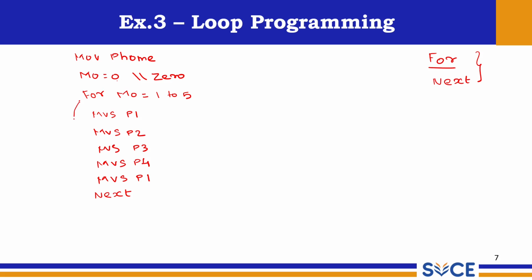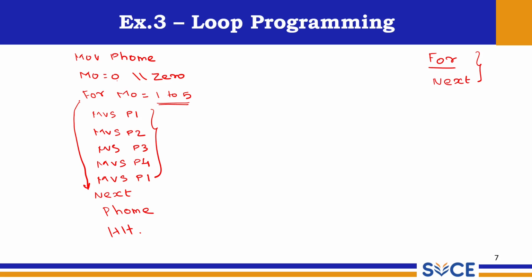The moment for comes, immediately next. The statements between this for and next will keep looping for the finite number of times we have specified alongside the for. Once everything is over, we can go to the home position and halt the program. So this is how for then works.